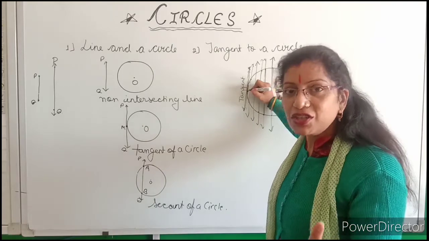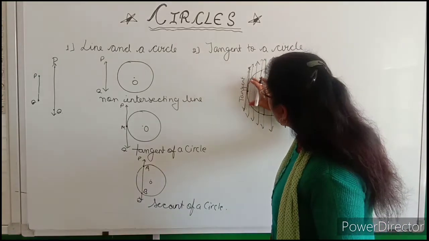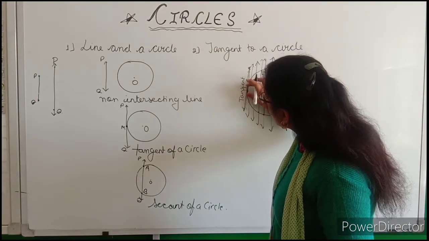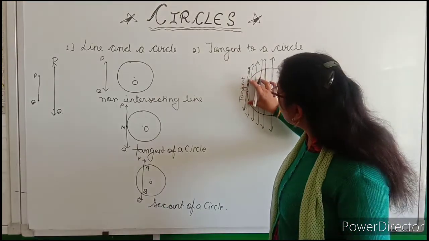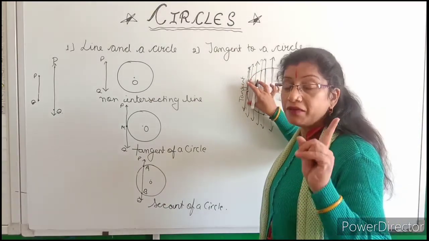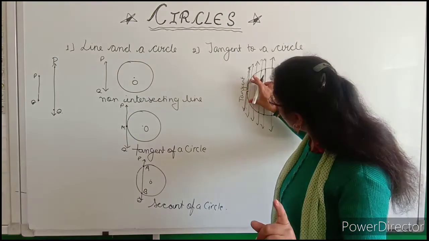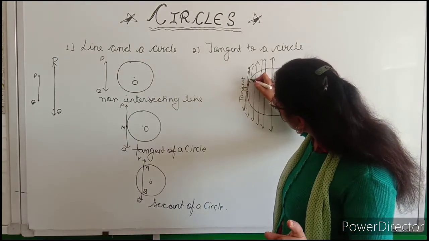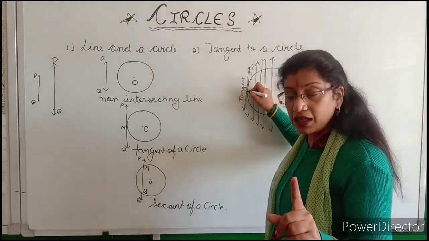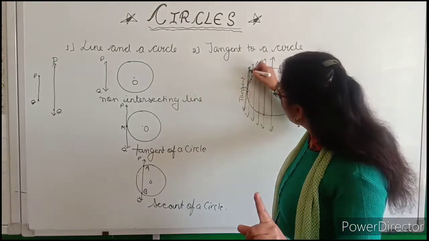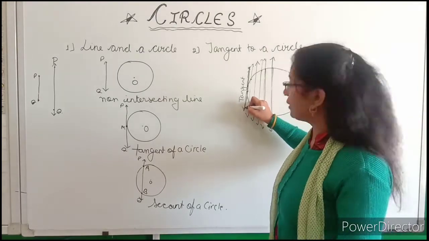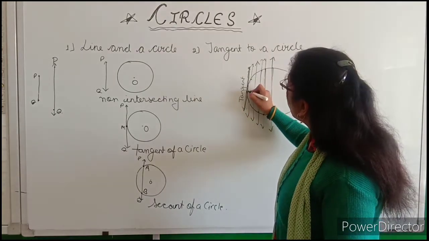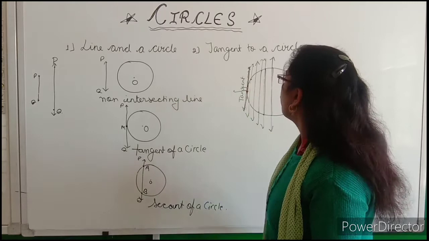What is the tangent of a circle? When the two endpoints of a chord coincide together, ये दो endpoint coincide करके यहाँ पर आ जाते हैं. At one point, at this condition, the secant is called the tangent of a circle. So this point is called the point of contact.